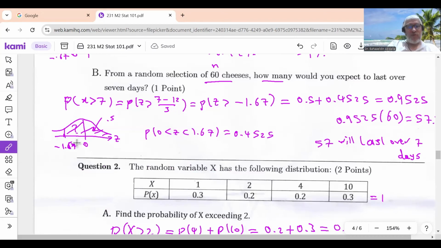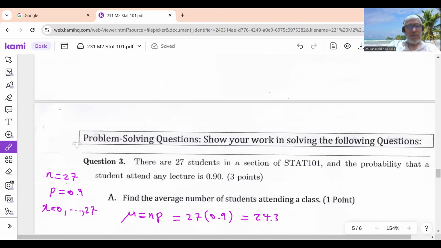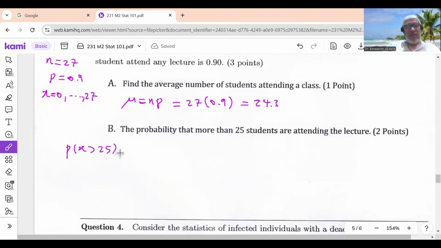Here from 0 to what? To 27. So greater than 25 means probability of 26 plus probability of 27. And you can write them: 27, that's n, C 26 times p, which is 0.9 to the power 26. 1 minus 0.9 is 0.1. 27 minus 26 is 1.